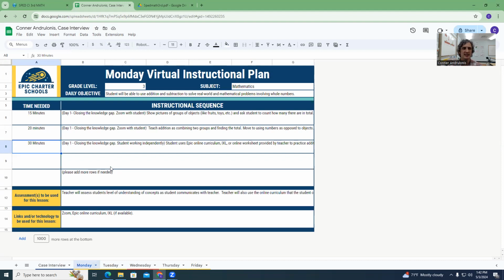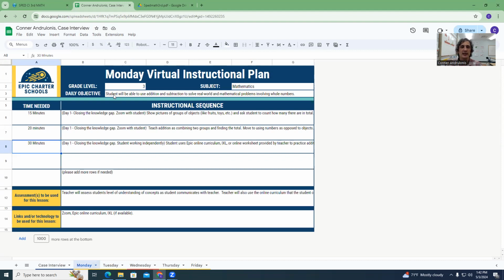So how I've set this up is, since Terrence did test as performing below grade level, I've called these first 2 days the closing the knowledge gap days. We're going to work to really make sure Terrence has a foundational understanding of, for this standard, the student will be able to use addition and subtraction to solve real world and mathematical problems.